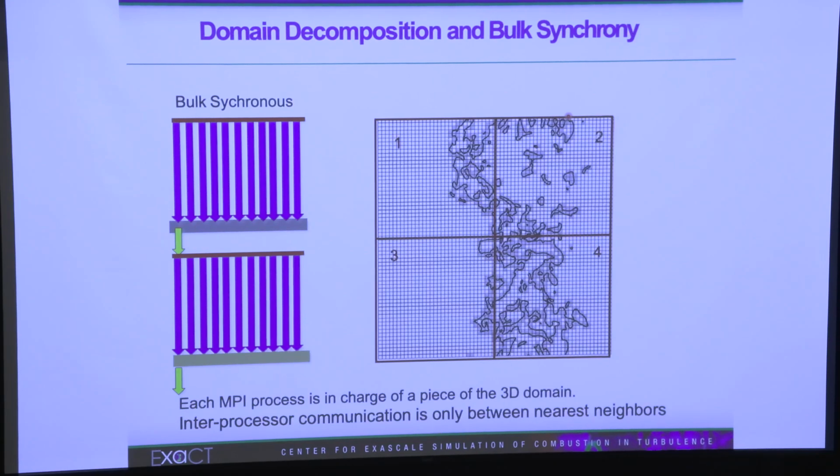Interprocessor communication, as I said before, is only between the nearest neighbors. Bulk synchronous codes are slow because the longest time sets the stage for all the other processors. If you could find a way to be asynchronous, where one processor could complete its workload and march ahead, as long as there was no interdependence on the intermediate solution being generated by other processors, then you can save a lot.